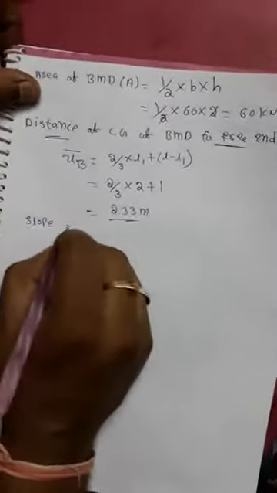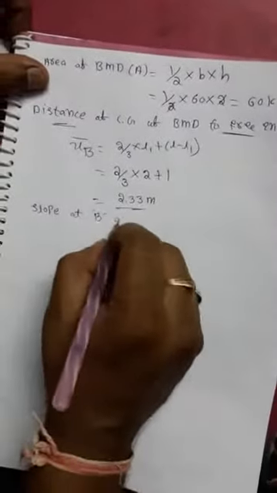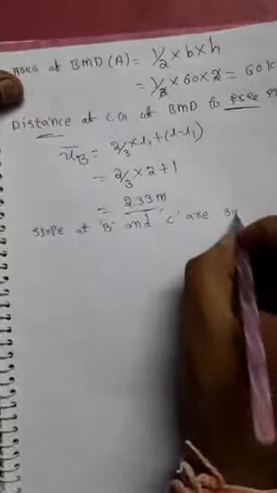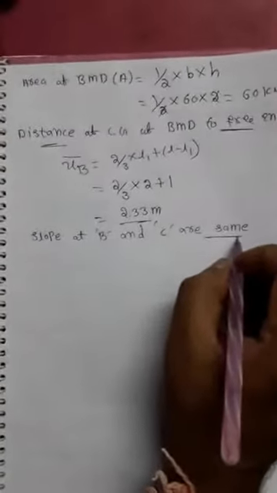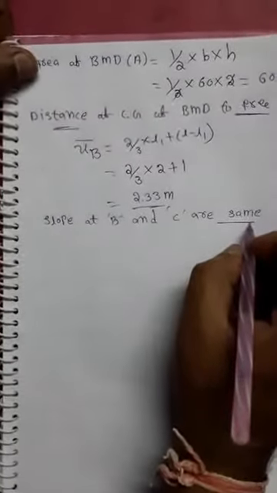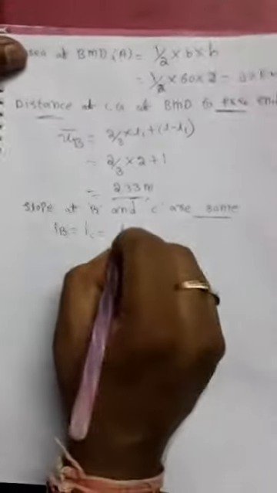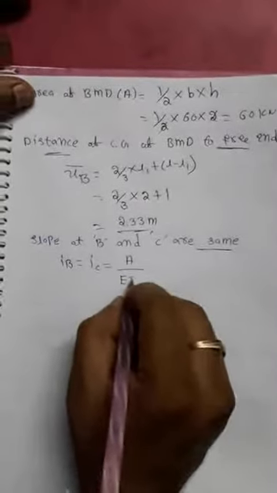Next, the slope at B and C are the same. We already did a derivation in previous classes for this problem: the slope at B, theta B, equals theta C equals A by EI.